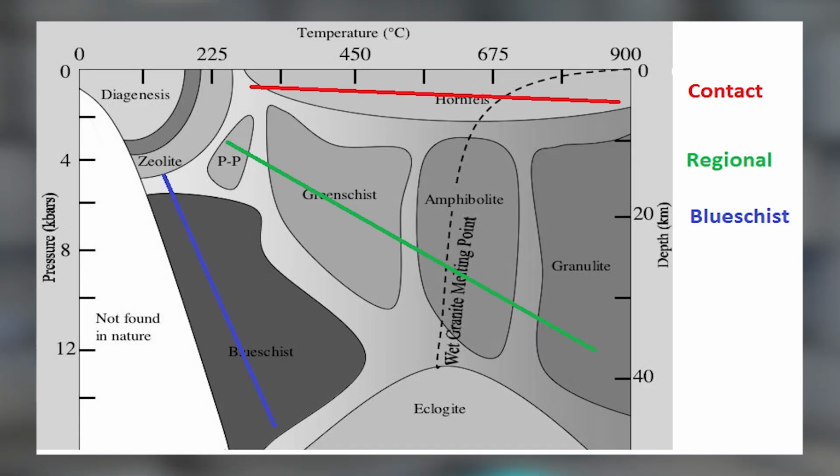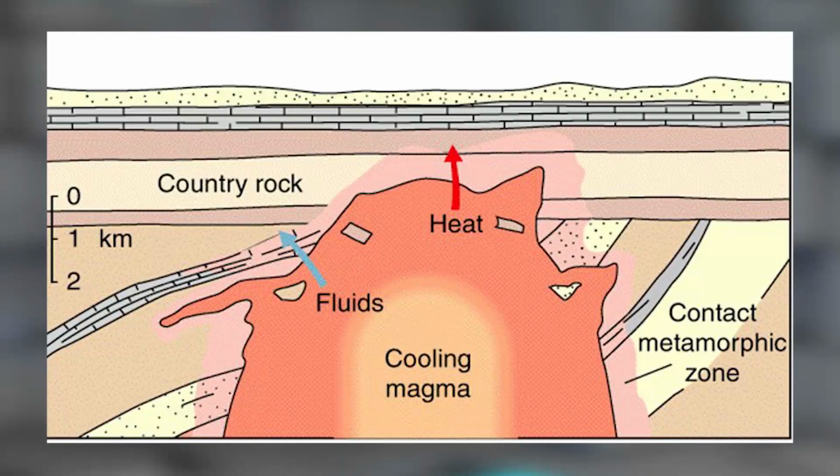Fyfe et al. in 1958 divided the metamorphic facies into two types on the basis of pressure, that is contact metamorphism where pressure is less than 4 kilobar, and regional metamorphism where pressure is more than 4 kilobar. Turner in 1968 and 1981 described the classic account of contact metamorphism where temperature induced recrystallization is important.